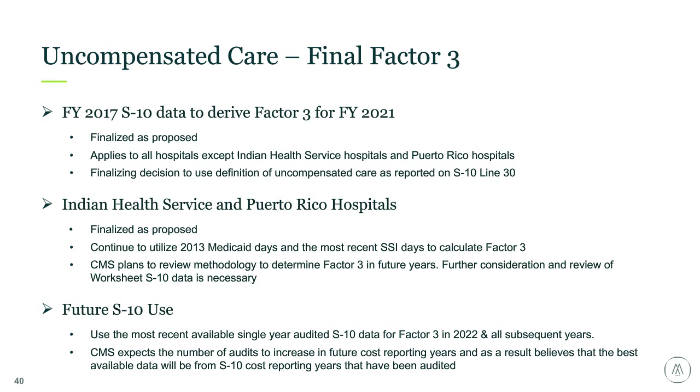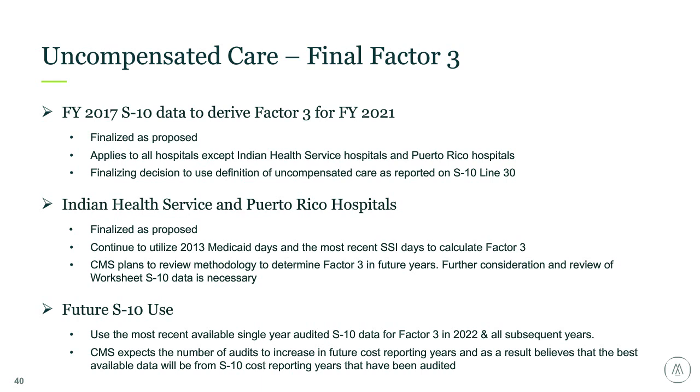One major point that CMS finalized in this rule is the use of the most recent available single-year audited S10 data for Factor 3 in all subsequent years. That's obviously a signal that these S10 audits that have occurred the last few years are here to stay, and that CMS expects there to be recent audits on these S10s to pull for future Factor 3s.